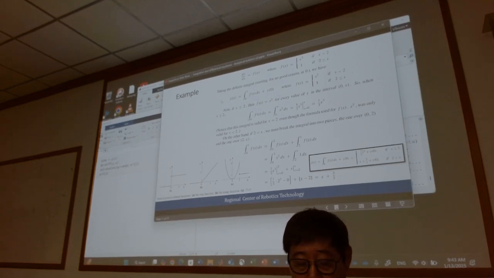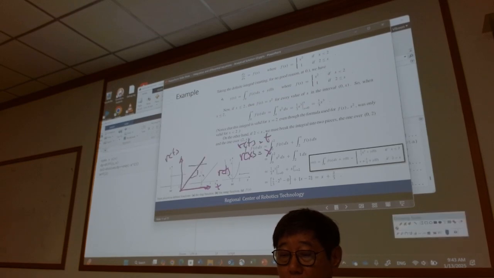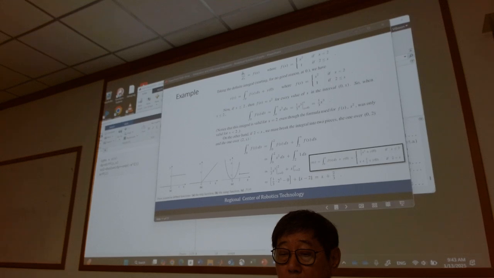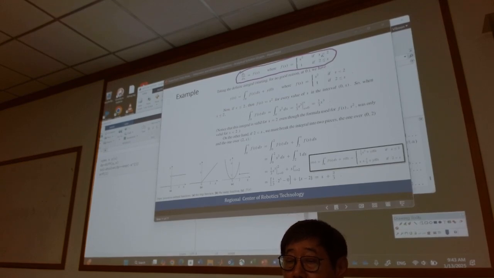This just shows you how to do the solution, just a simple one. You want to solve this one, so you integrate separately. You change x to s, and the other one from 0 to 2 and 2 to x.